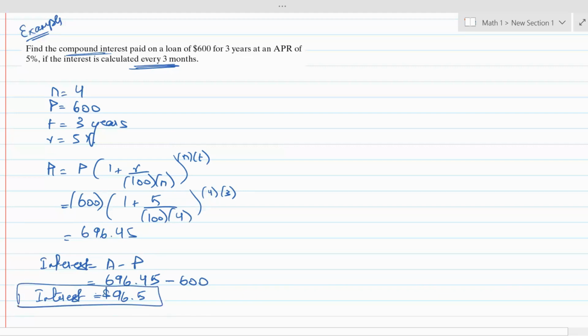A few more tips about the compounding, the compoundings or payments in a year.